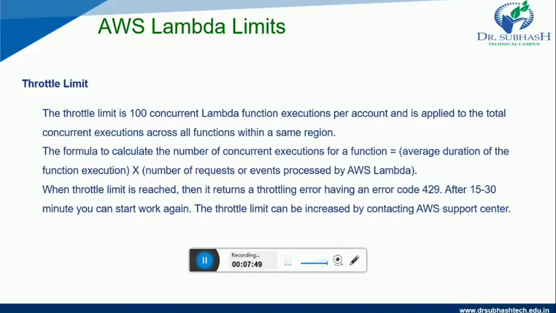Next, when the throttle limit is reached, it returns throttling errors having an error code 429, and then after 15 or 30 minutes you can start work again. The throttle limit can be increased by contacting the AWS Support Center. So friends, this is the throttle limit of AWS Lambda function.